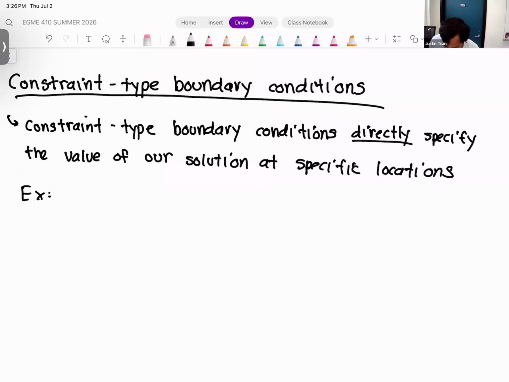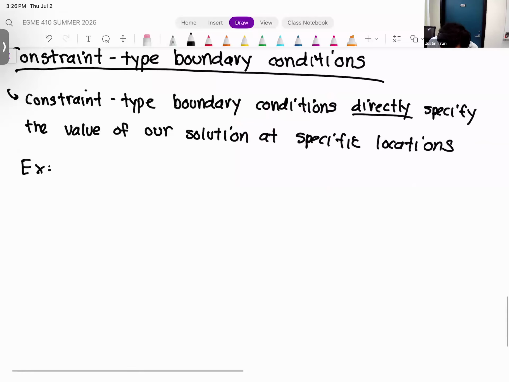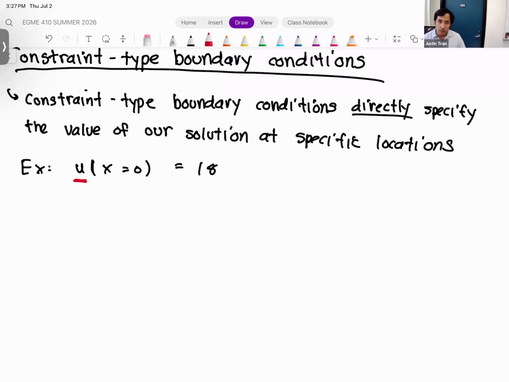We had one boundary condition which stated that u at x equals 0 has to equal 18. This is very obviously a constraint type boundary condition, because our solution value u is what we're solving for in the differential equation. What we're saying is that at the location x equals 0, u has to be 18. There's no room for ambiguity at all.